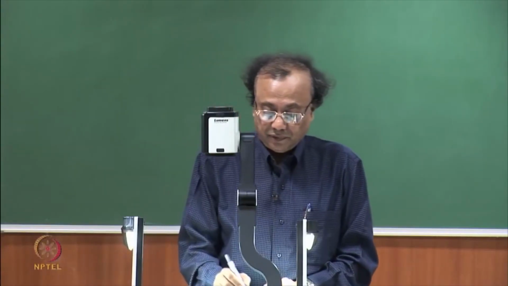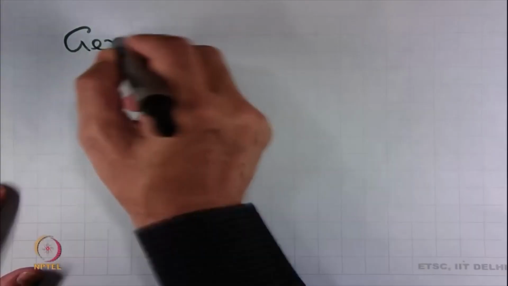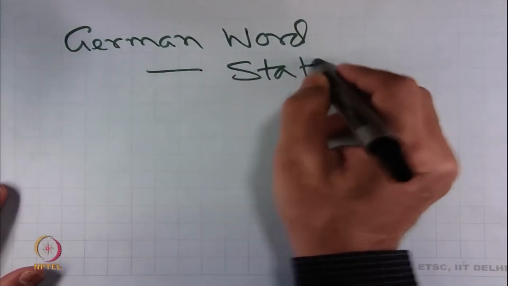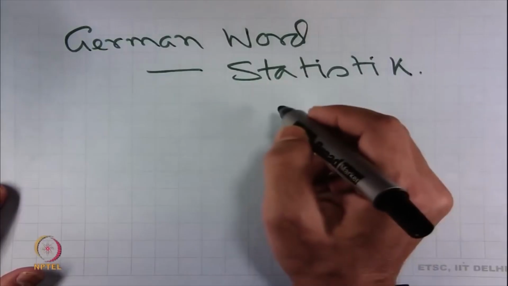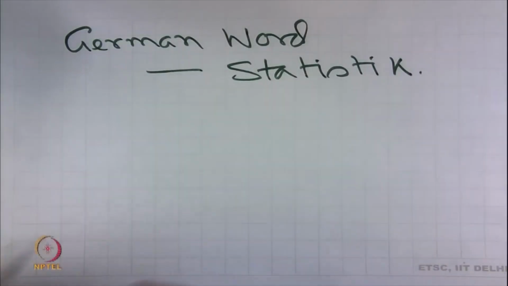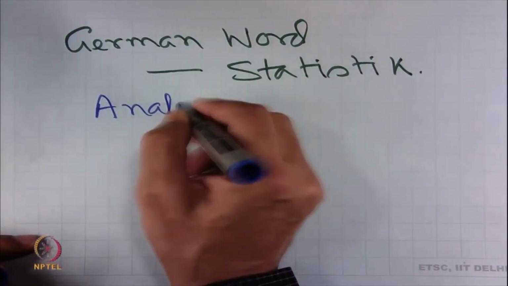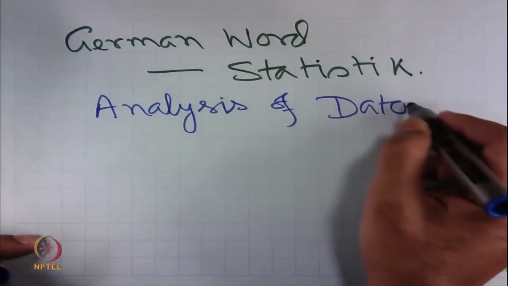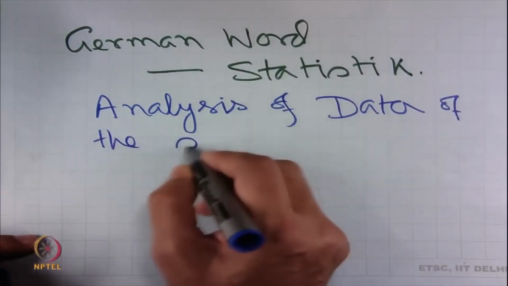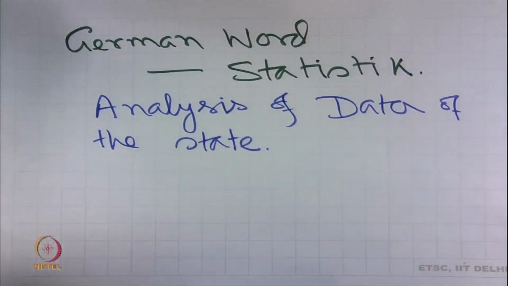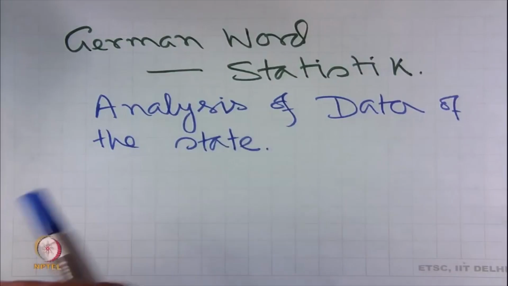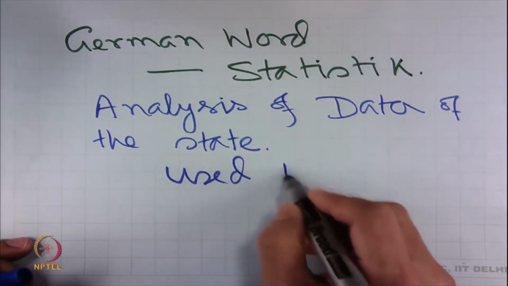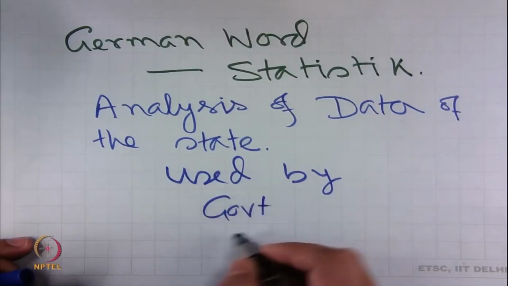Originally, people think that the word has come from a German word, statistic, which means... so, at state level, government was collecting data which was used by government and administrative bodies.